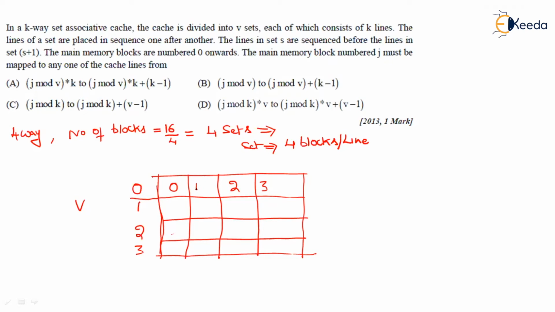That is, 0, 1, 2, 3 will be here, 4, 5, 6, 7 will be here, 8, 9, 10, 11 will be here, and 12, 13, 14, and 15 will be here.